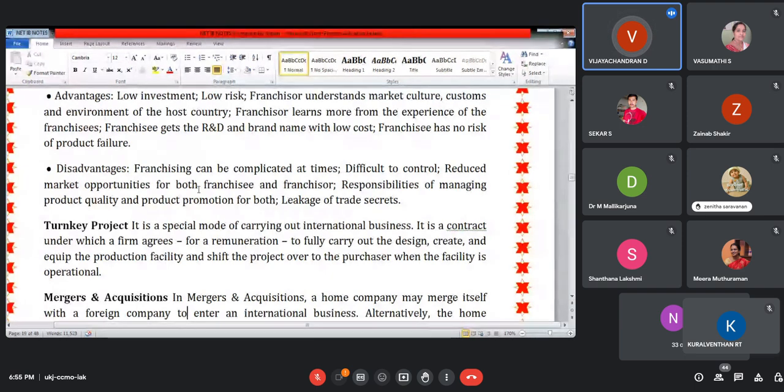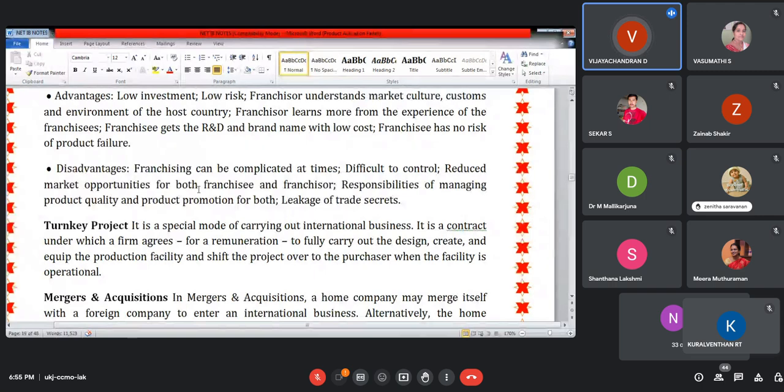I'll give an example like the TV panels. The TV panels are produced only by the TCL company, but the other companies will use the panel. They will not manufacture the panel. Or I will say the laptops.